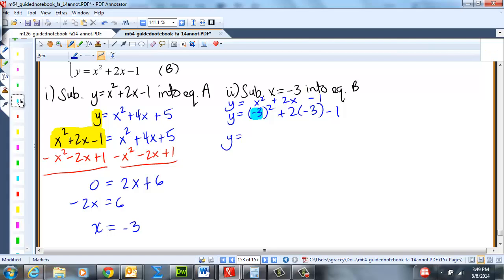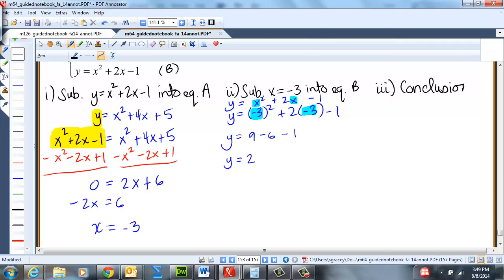So I just plugged in x equals negative 3. That will give us 9 minus 6 minus 1. So y will be equal to 2. So this time we just got one ordered pair. So let's put our conclusion down. We found that the ordered pair negative 3, 2 is where these two graphs intersect.